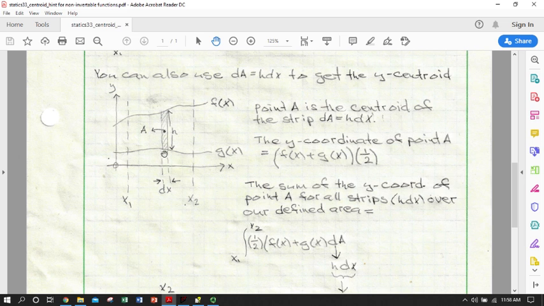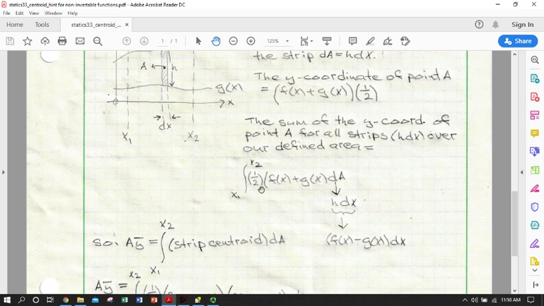So the average of the two functions put together. It is a true average of the two function values. And then we're going to sum that y-coordinate of point A for all the strips.